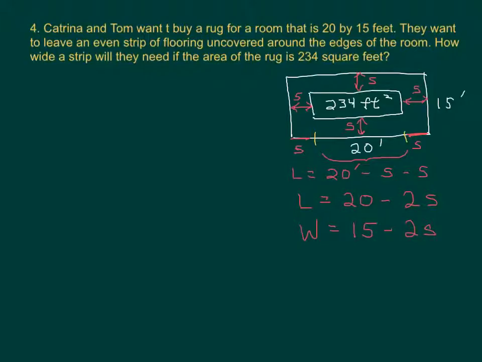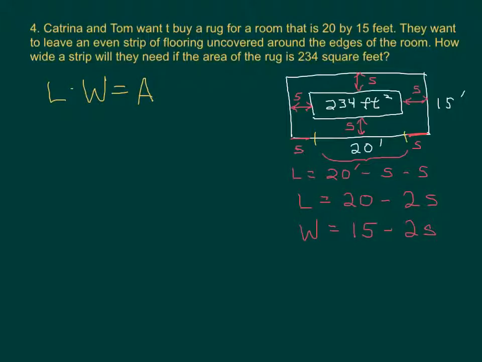And then we know that the width of the rug, which is 15 minus 2S, times the length of the rug, which is 20 minus 2S, gives us the area of the rug. So the formula we are using is length times width equals area.